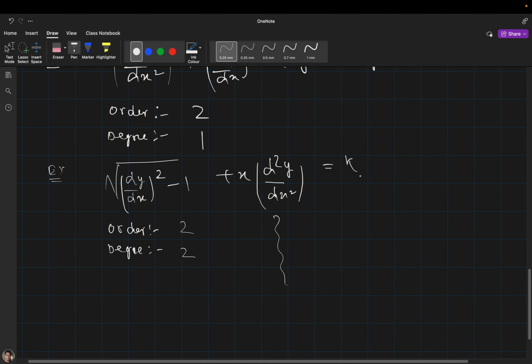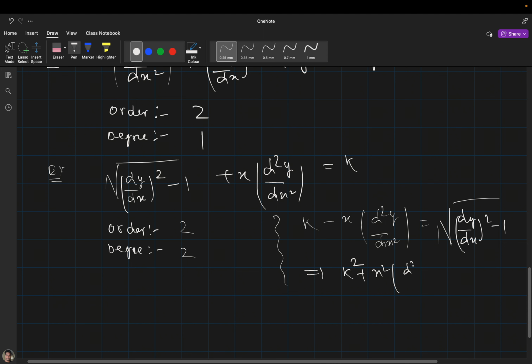Or you can do something like this. Just move it to this side, so you will see. Okay, now square it. When you square it, you will see something like this.